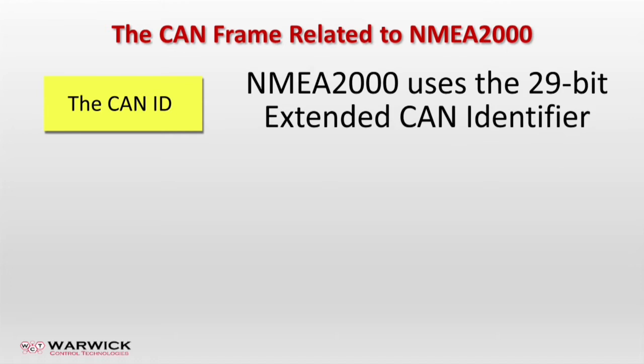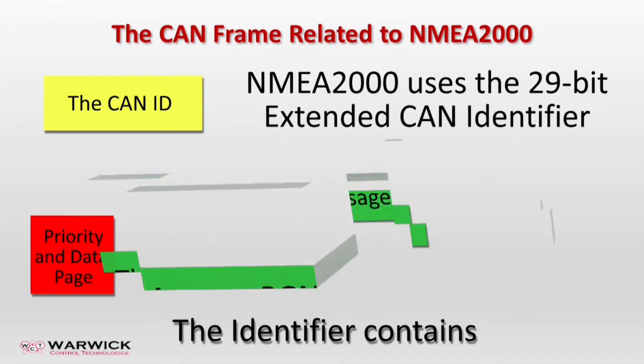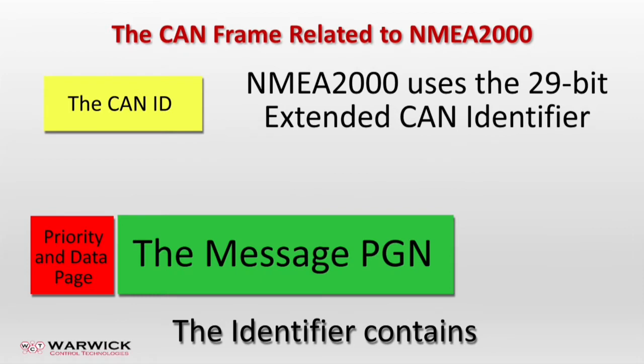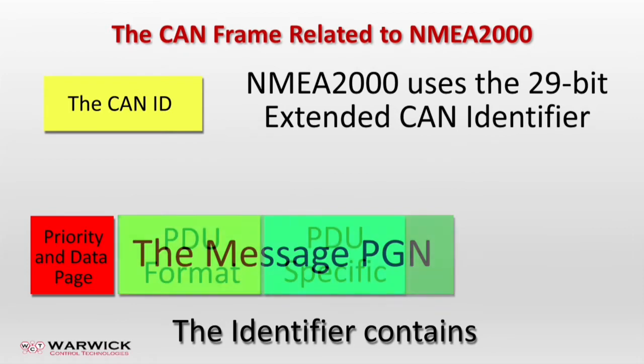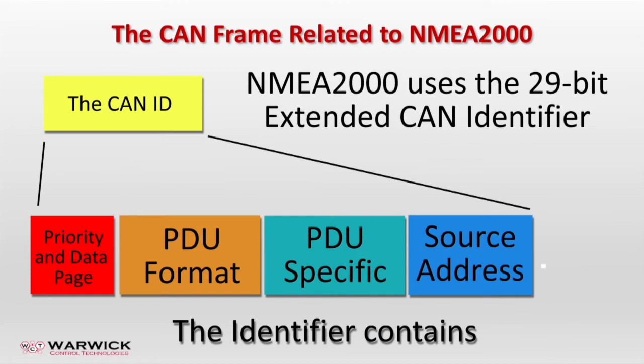Within the identifier, you will have firstly the priority and data page regions that relate to NMEA2000, then the message PGN, which is technically made of two parts, the PDU format and PDU specific. The PDU specific is used with some PGNs to address the message to another device only. And then there is the source address at the end, which each device claims a separate source address when the network starts up.